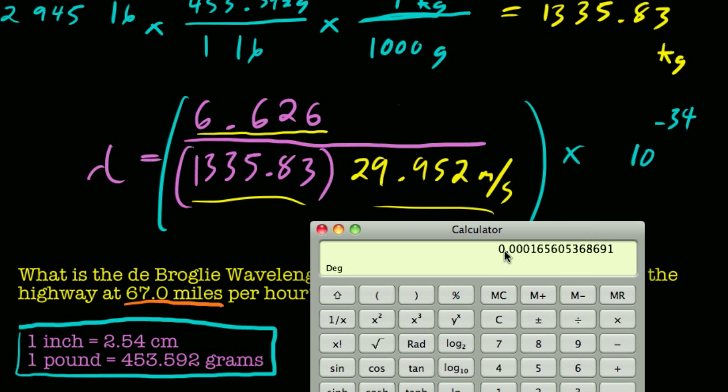But really, it's going to be in scientific notation anyway, so we can just move this decimal place over a little bit more. So we say if 34 is right here, and we say 35, 36, 37, 38. So our final answer is going to be 1.66 times 10 to the minus 38.